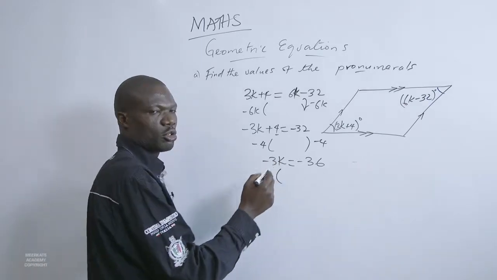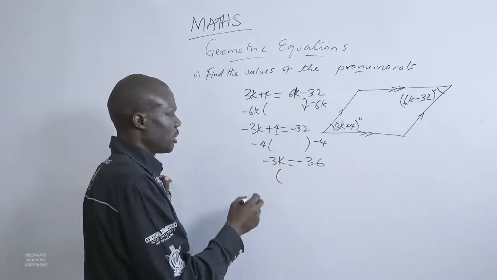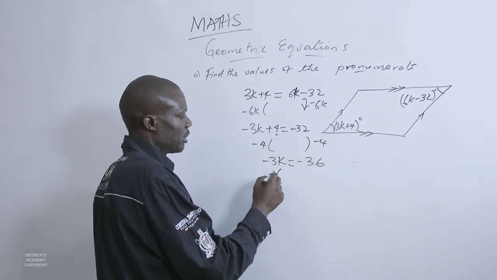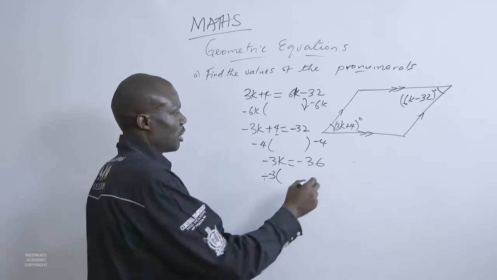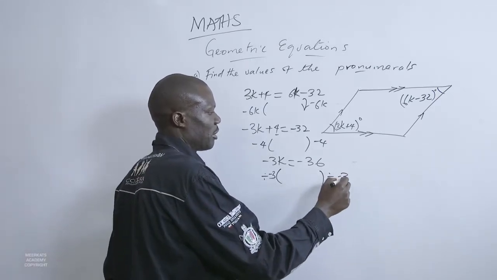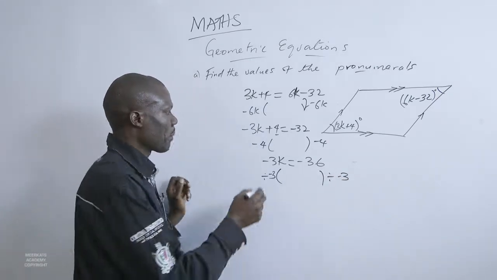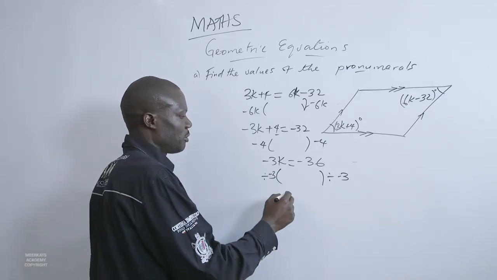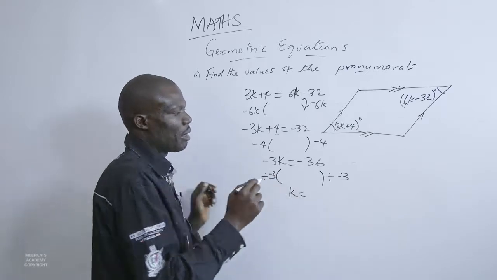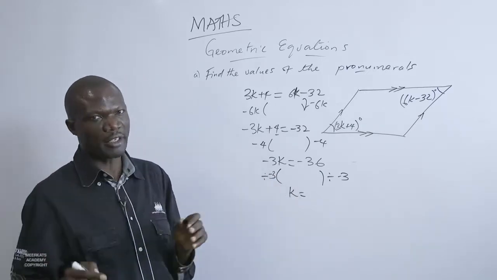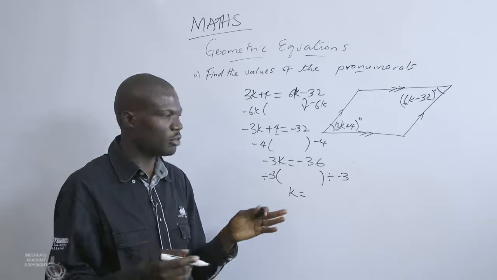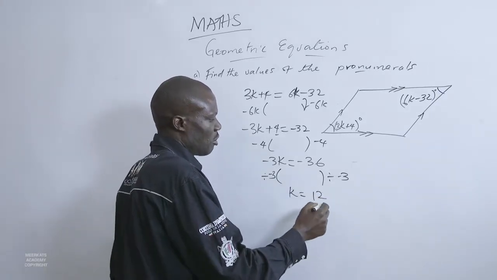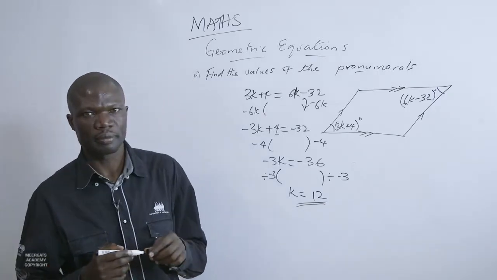Because we want k as the subject, we divide by minus 3 and divide this side again by minus 3. Minus 3k divided by minus 3 is positive k. Minus 36 divided by minus 3 is a positive 12.